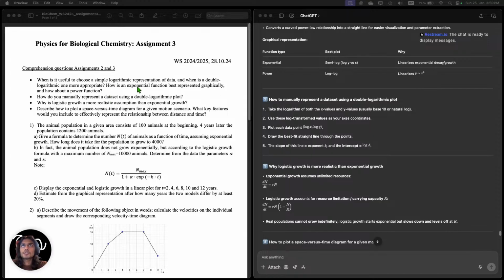How is an exponential function best represented graphically? How about a power function? Exponential is represented using simple logarithm, and power using double logarithm.